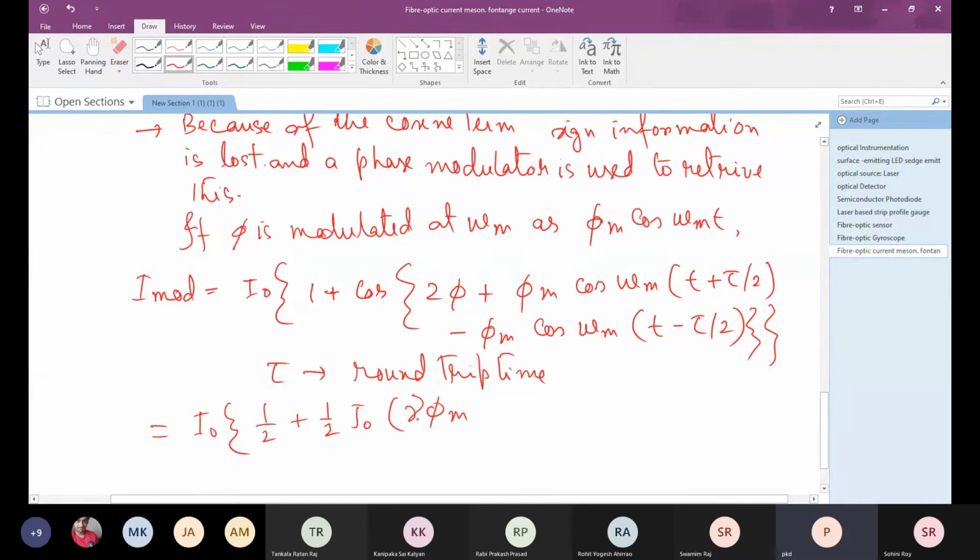This is the modulation depth eta: J0 of eta phi m times cosine 2 phi.